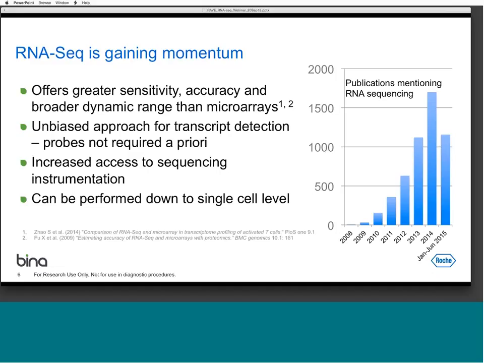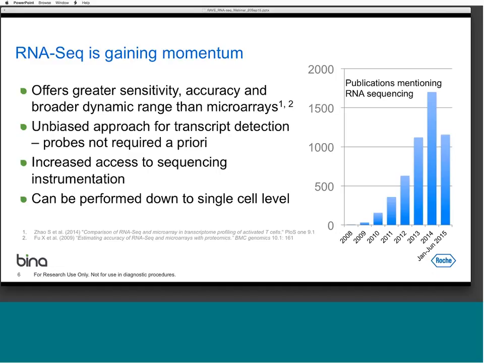Now, with lab cores and our research labs bringing on more sequencing instrumentation, with the cost per sample dropping, people have increased access to RNA-Seq, and so that's part of the reason that we're seeing greater adoption of the technique. You can also perform RNA-Seq down to the single cell level.